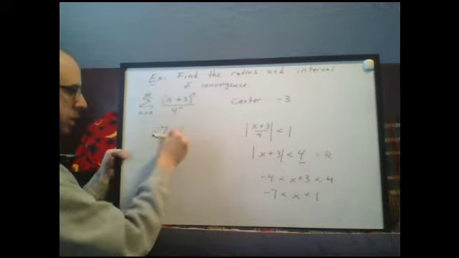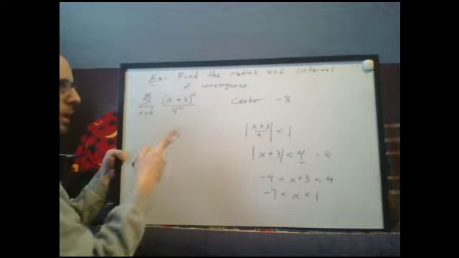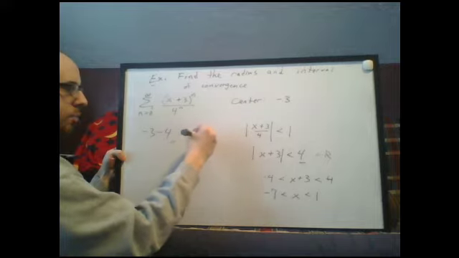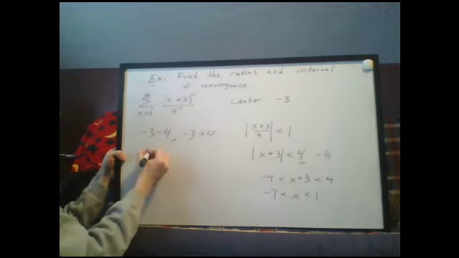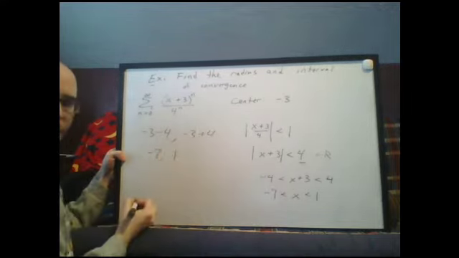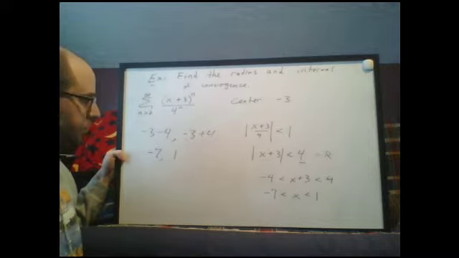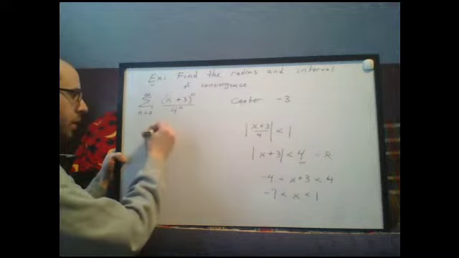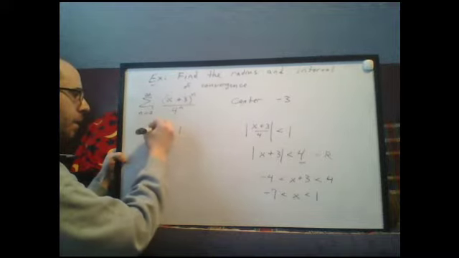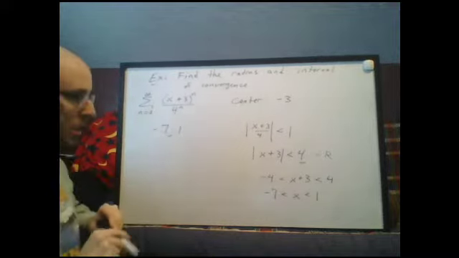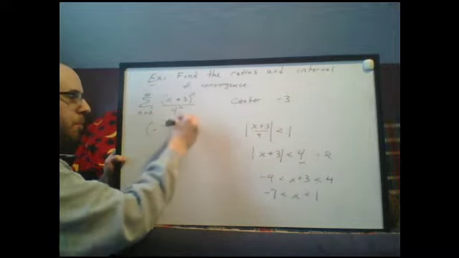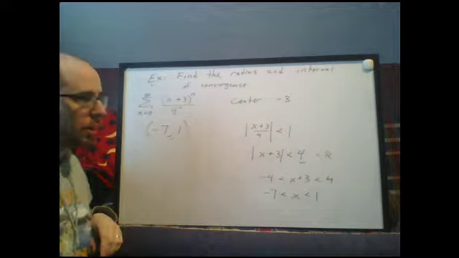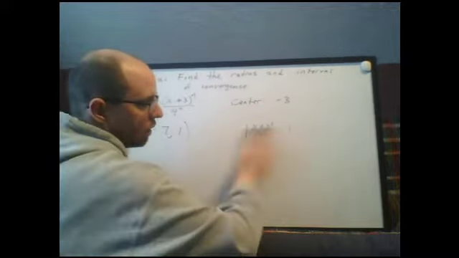So let me show you there. My interval is going to be -3 minus 4 to -3 plus 4. And that's -7 to +1. That's basically my interval, but I'll put parentheses for the moment, but we still have to check those two endpoints separately.